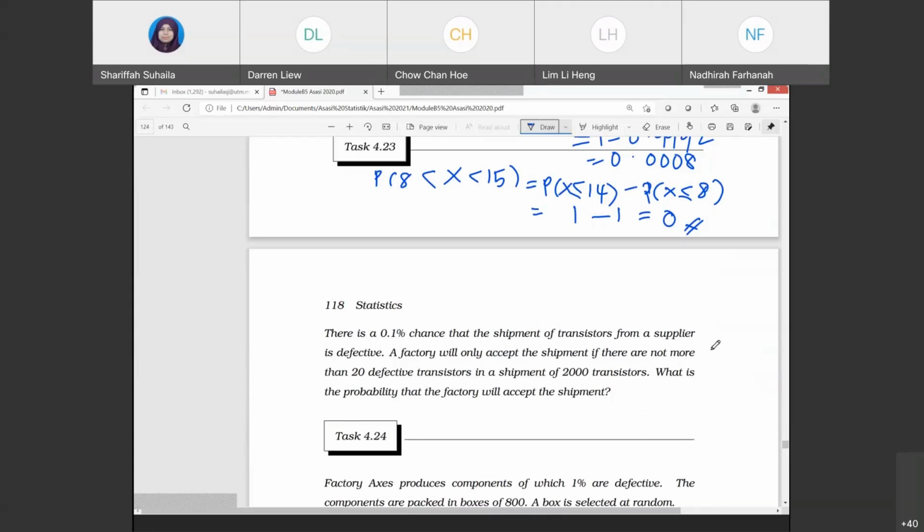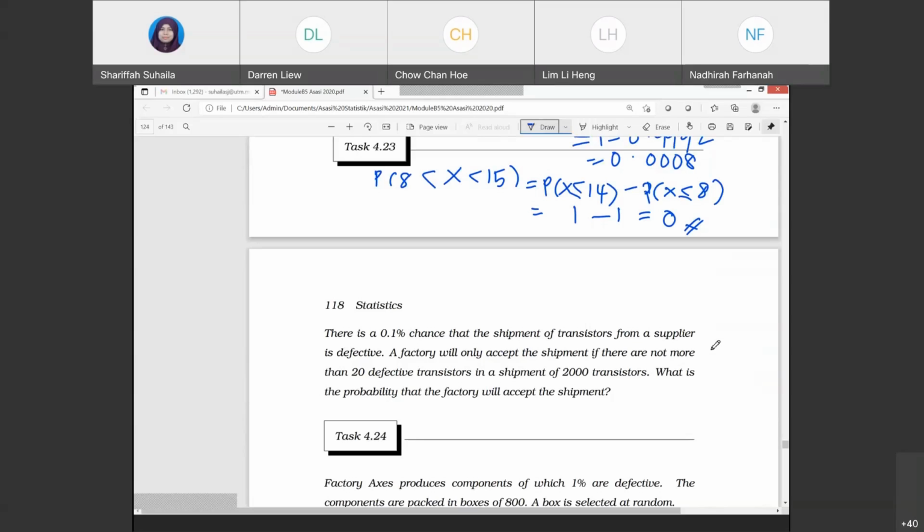So again, you have a probability 0.1%. Shipment of transistor from a supplier is defective. Factory will only accept the shipment if they are not more than 20 defective transistor in a shipment of 2,000 transistor. Okay, N dia apa kat sini? Is it N dia 20 or N is 2,000? What is your N?